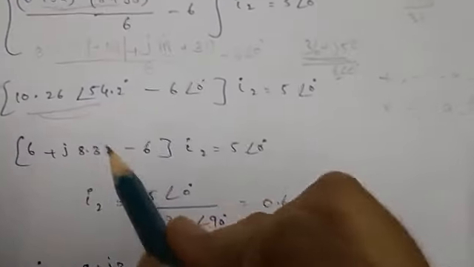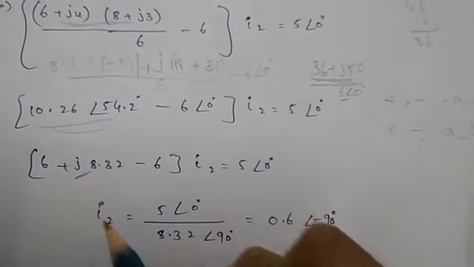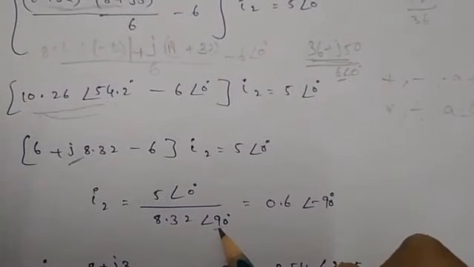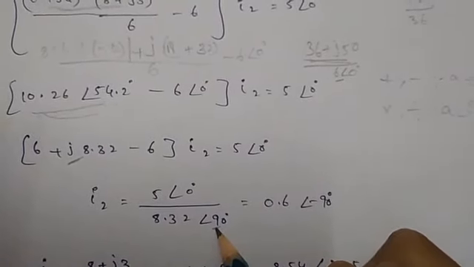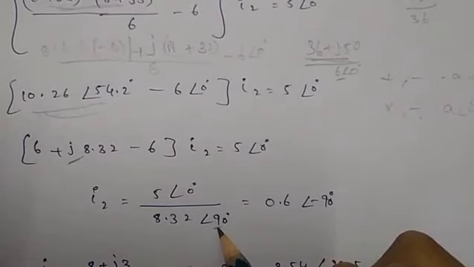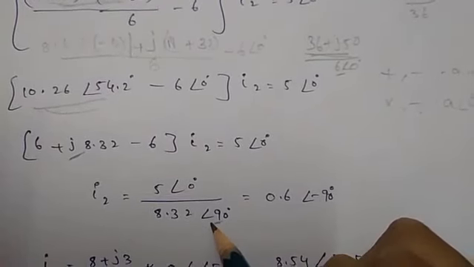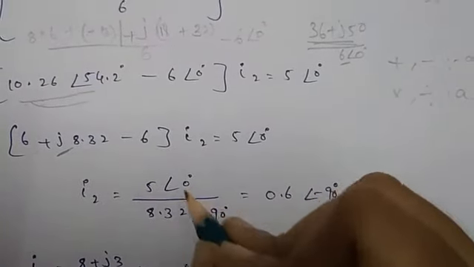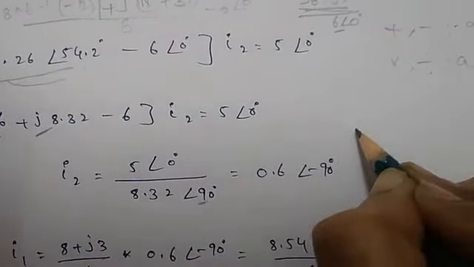Here you have the imaginary value j. If you convert this into magnitude and theta, it will be 90 degrees. So to divide this, magnitudes will be divided and angles will be subtracted.